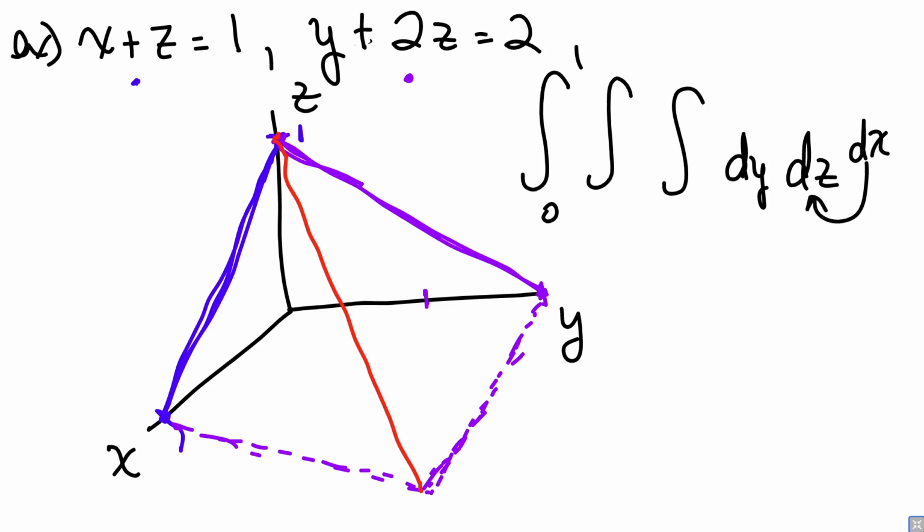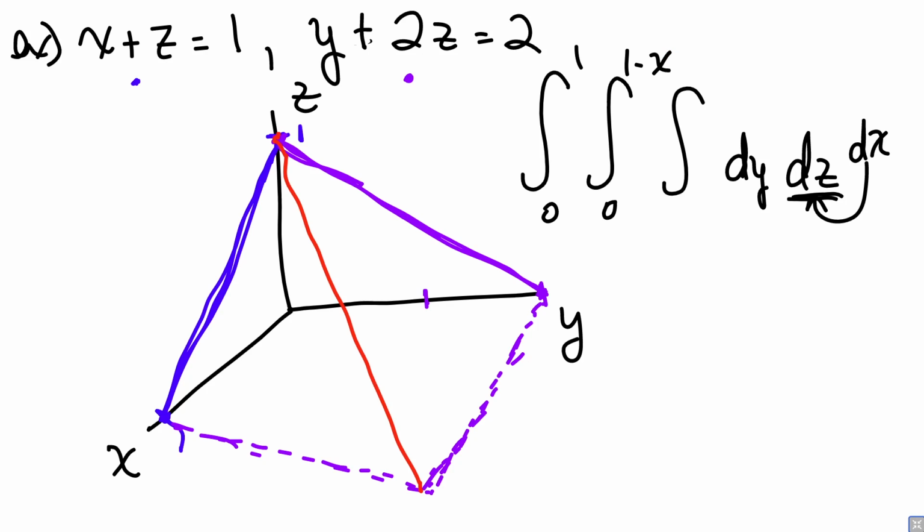You have to remember that the limits of integration for z have to tie x in. Based on the picture, what's my lower z value? 0. Then how is z related to x? 1 minus x.